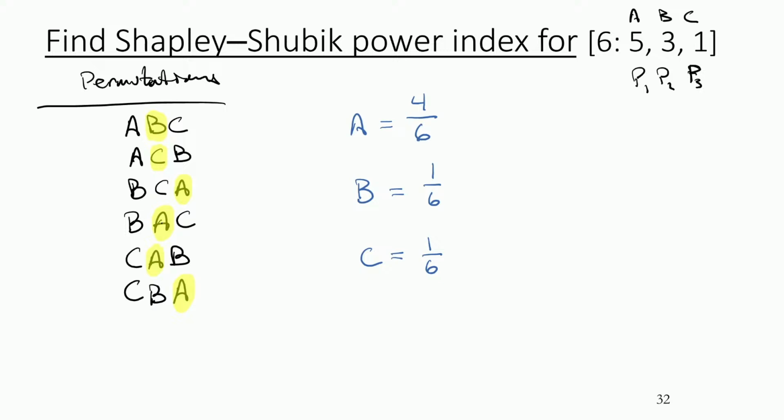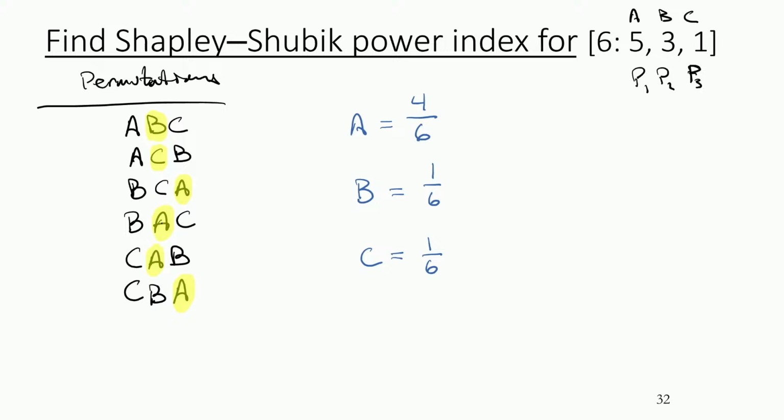In those ways, these 2 methods of evaluating power will agree. But the one way that they don't agree is in the ratio of power. In Shapley-Shubik, A has 4 times as much power as B or C.